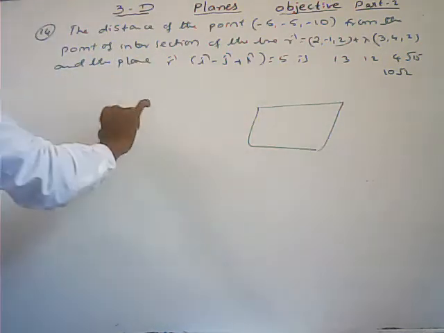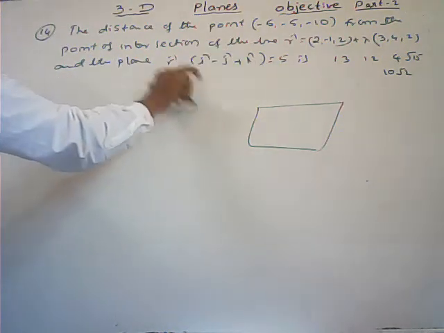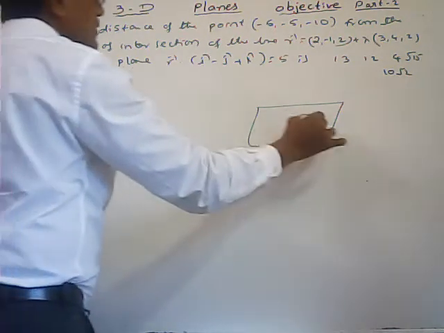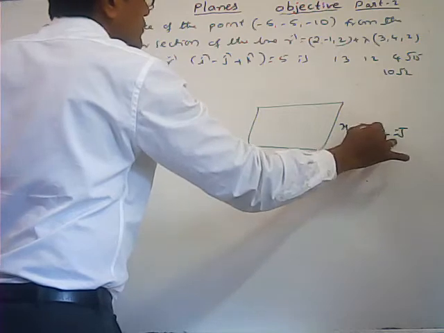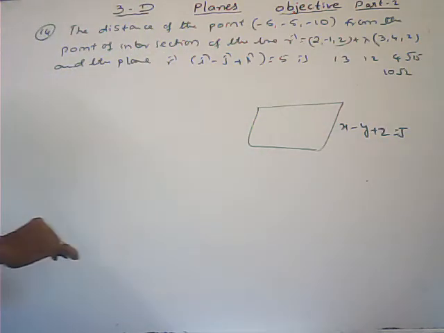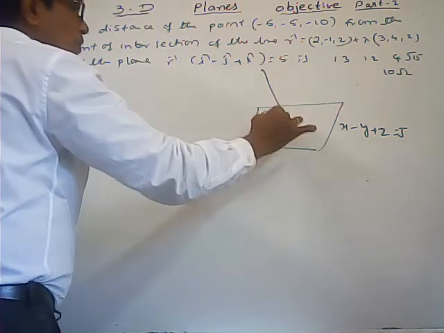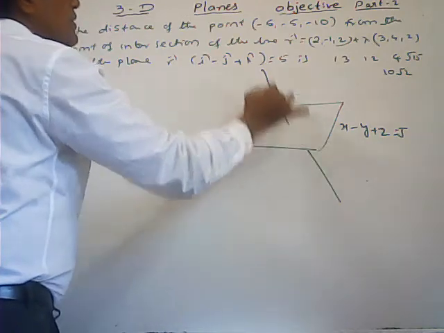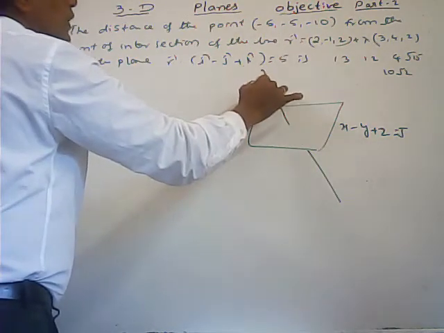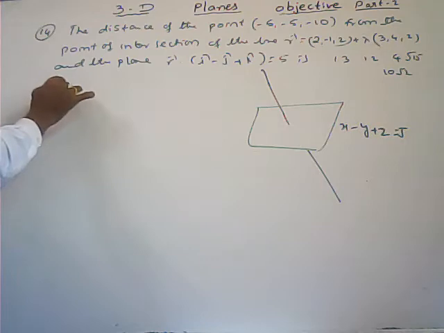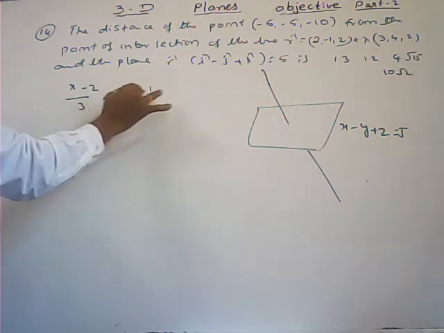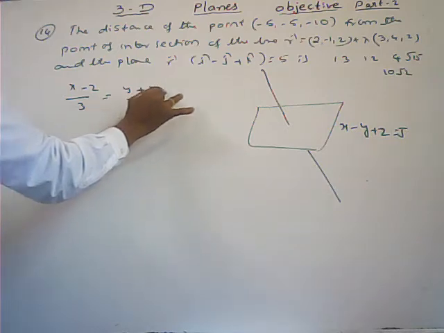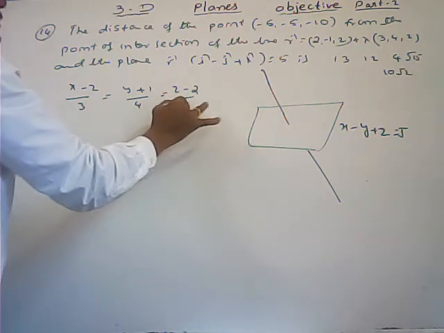First we have to find the point of intersection of the line and the plane. Here, what is the equation of the plane? x minus y plus z equals 5, in Cartesian form. So this is the line passing through the point, (x minus x1) by a, (y minus y1) by b, (z minus z1) by c.